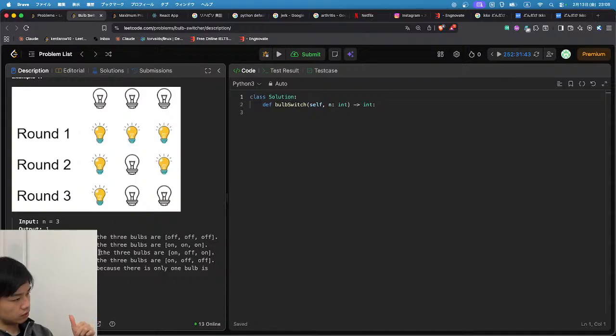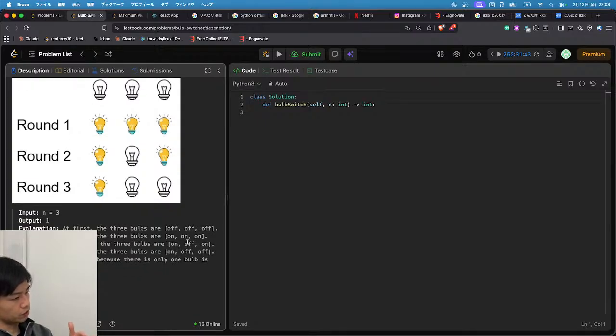For the second round, every second valve, so only this one is switched from on to off. And for the third round, the third valve is turned from on to off.